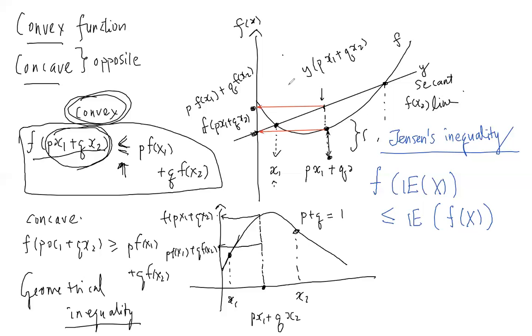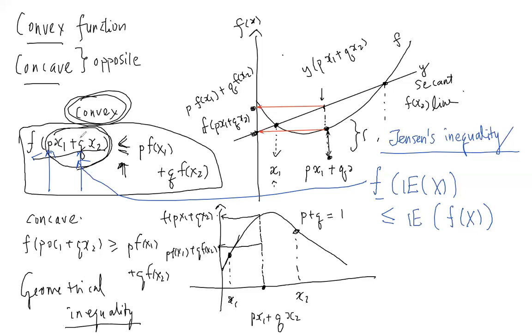If you look at this form, this is your function. For this expectation of x, basically you are giving a weight for each of the possible values of x. So this p and q here play the role of the weights.